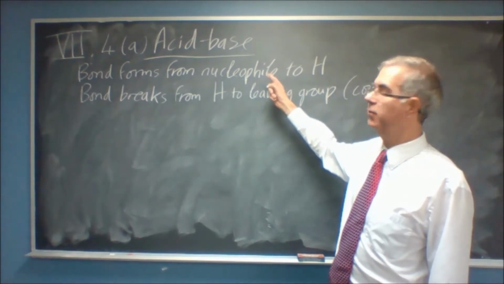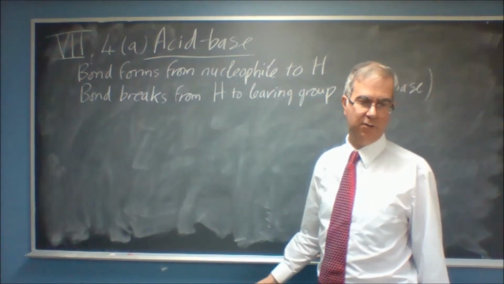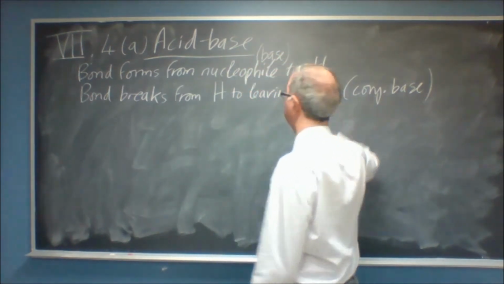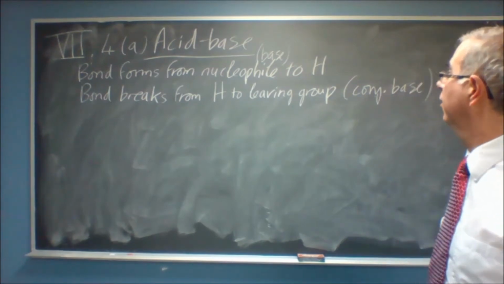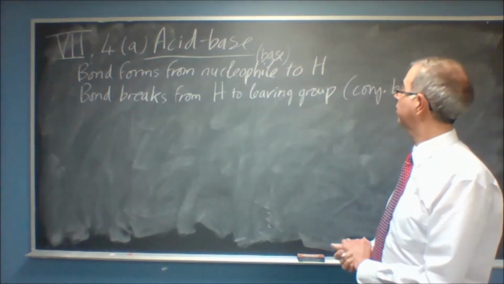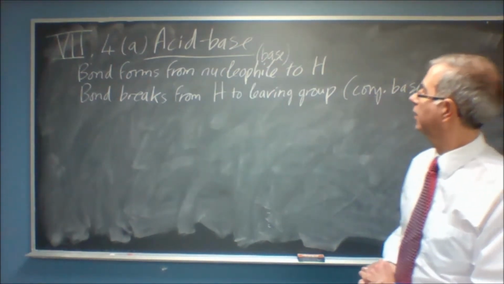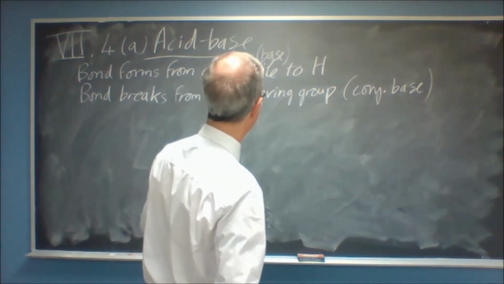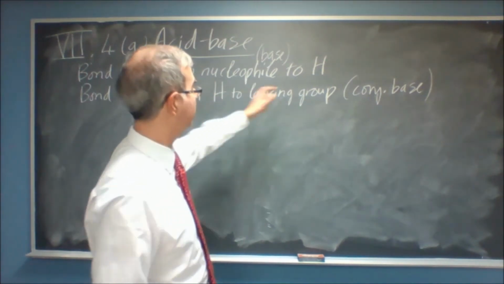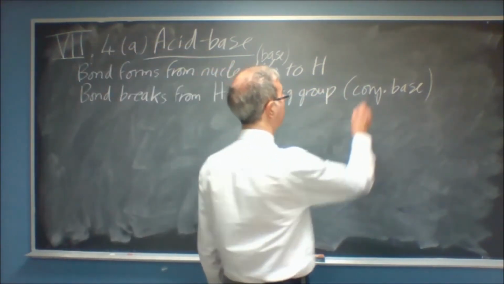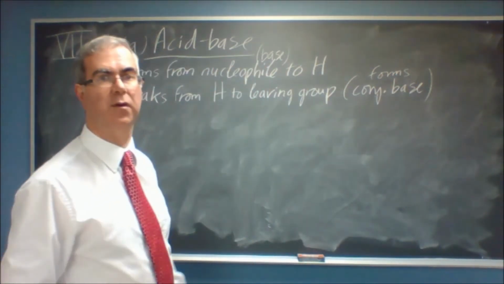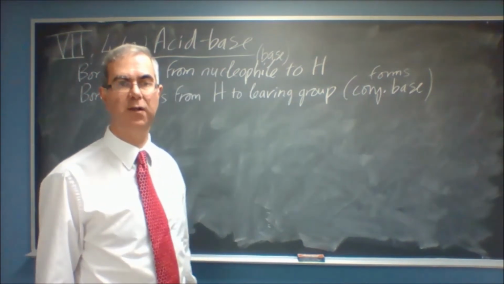We have a bond formed from the nucleophile or base to the H. Remember, a nucleophile is just a Lewis base, so the Lewis base gives a pair of electrons onto the H, and then the H will normally have a leaving group attached to it, and once that leaves, it forms the conjugate base. And the H is now bonded to the original attacking nucleophile.